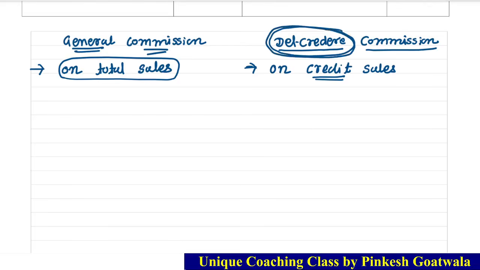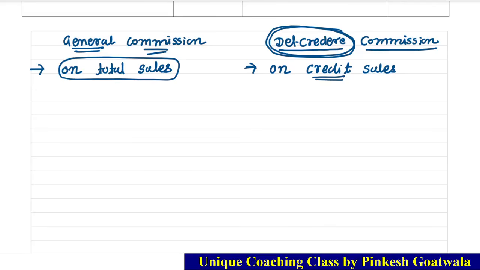For the safe side, the consigner, the owner, gives extra commission on credit sale, and it means that there is a deal: if there is any bad debt, I am not going to suffer that bad debt, you will suffer it.